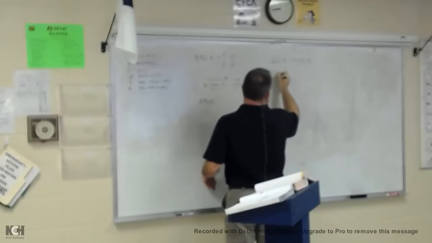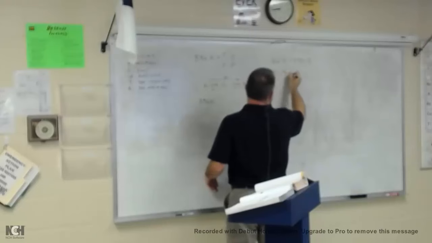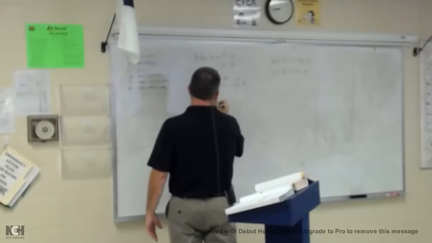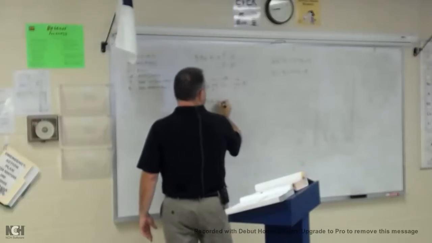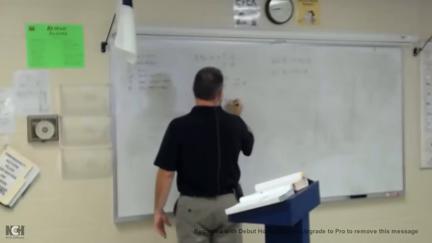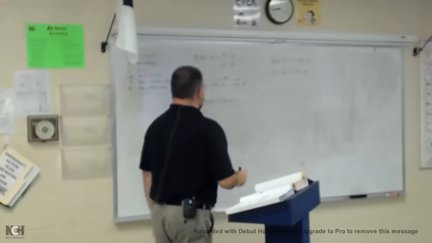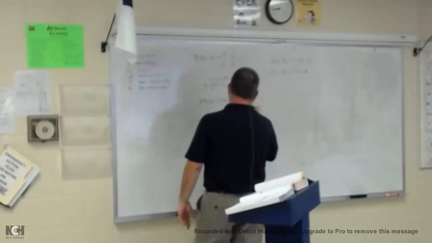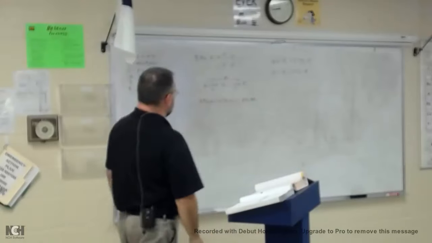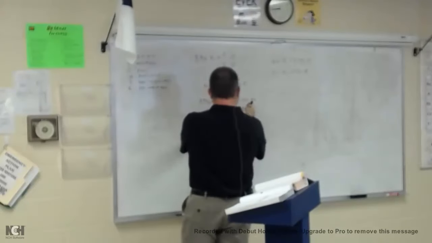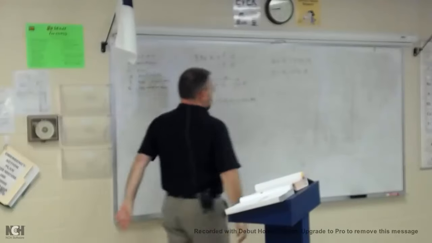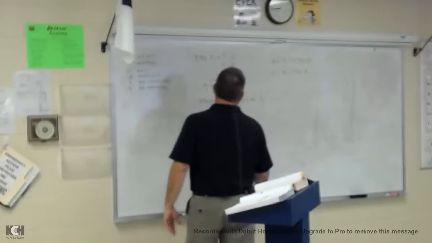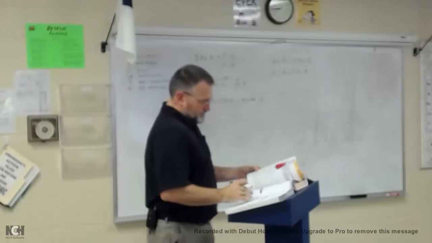So we work the formula around to say Celsius is equal to Kelvin minus 273.15. So 396 minus 273.15 is 122.85 Celsius.